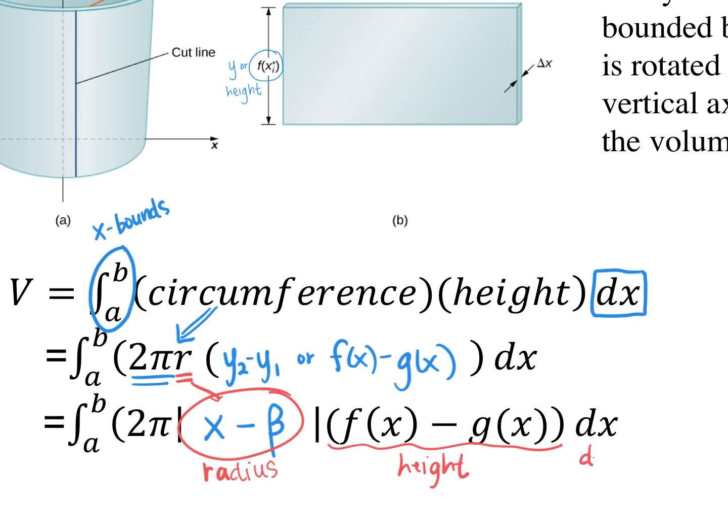And then our dx is measuring the depth. 2 pi r h, and then the depth. This is called the shell method. And at this point, it's just dropping all of the functions into the right place.